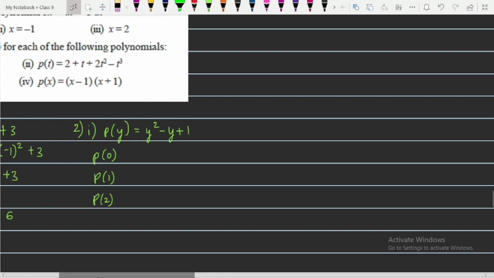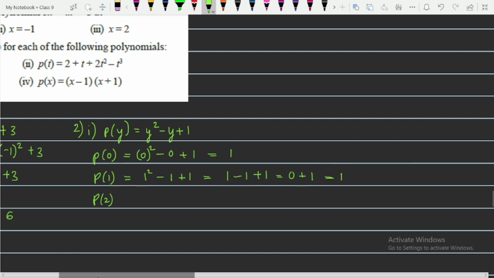So here we are going to find the value of the polynomial. P of 0 is 0 square minus 0 plus 1. 0 square is 0 only, so the answer is 1. P of 1 is 1 square minus 1 plus 1. 1 square is 1, minus 1 plus 1. 1 minus 1 is 0, plus 1 remains, so the answer is 1.